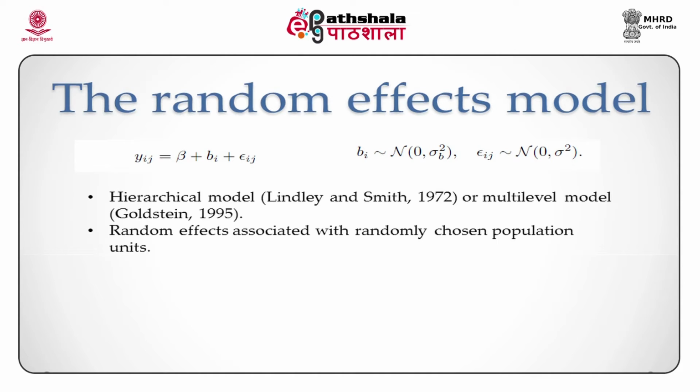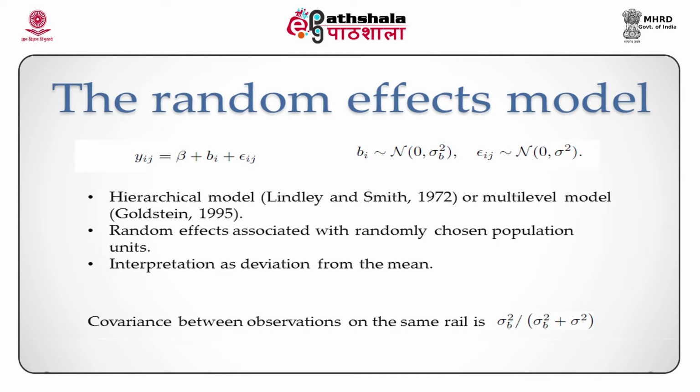It is quite common to parameterize a random effect as a deviation from the mean, and that is why we assume that the deviations are normally distributed and that the mean of these random effects can be assumed to be 0.